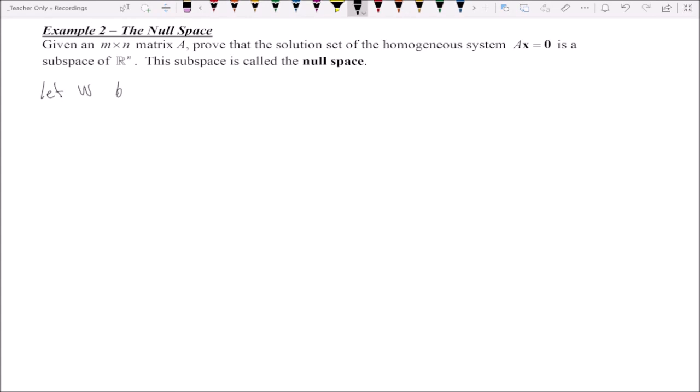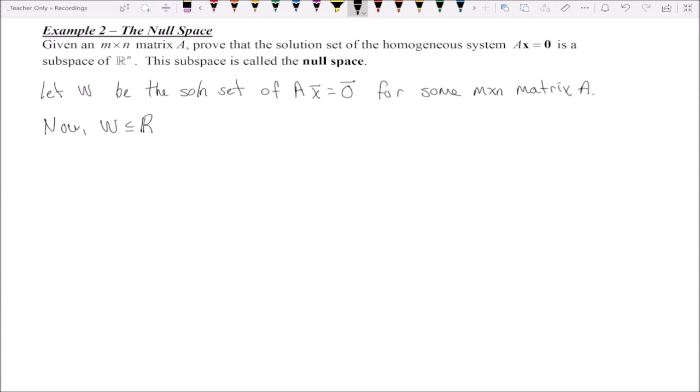So let W be the solution set of AX equal to 0 for some arbitrary M by N matrix A. Right now, clearly W is a subset of Rn, and the 0 vector must be in W, right?